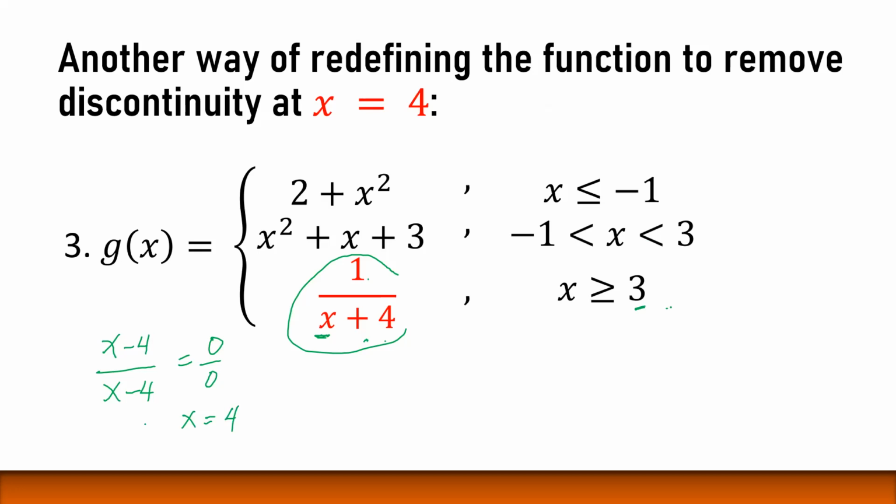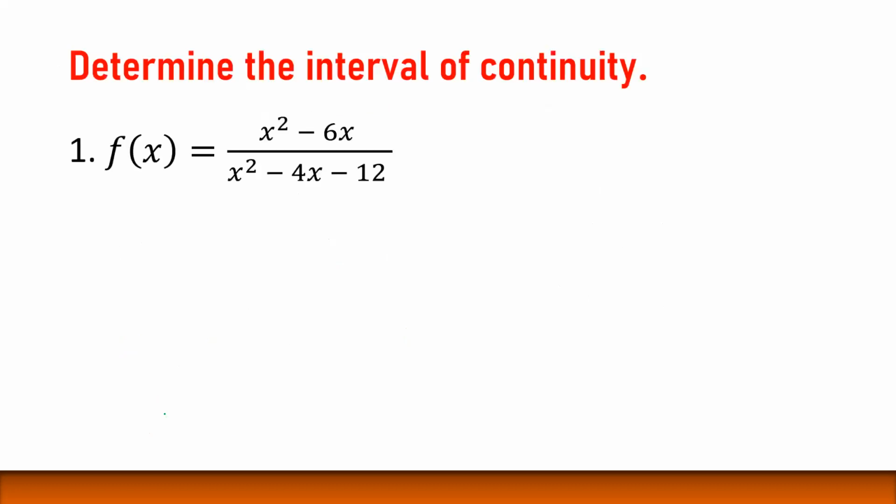Okay. Ayan po. So, let's see, no? Let's determine the interval of continuity. When we say interval of continuity, ang kailangan lang natin dito yung mga interval of x or the variable where the function is continuous. Okay? So, tatanggalin lang natin yung mga points of discontinuity natin. Okay?